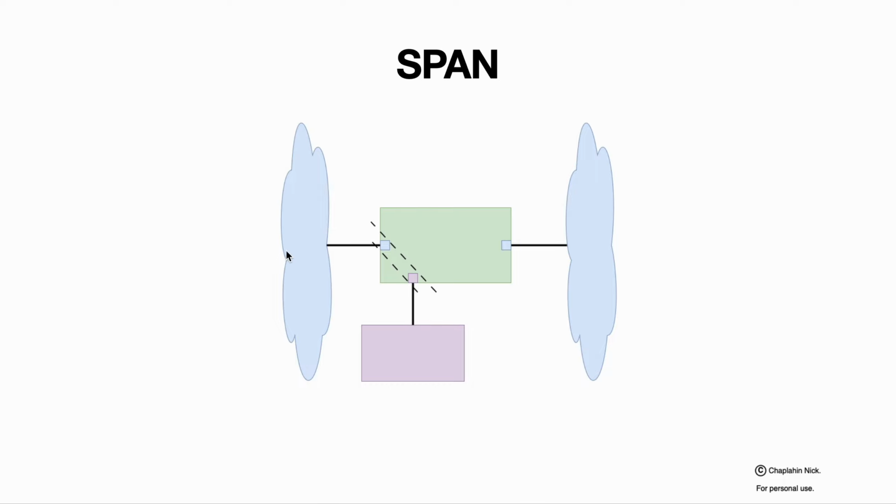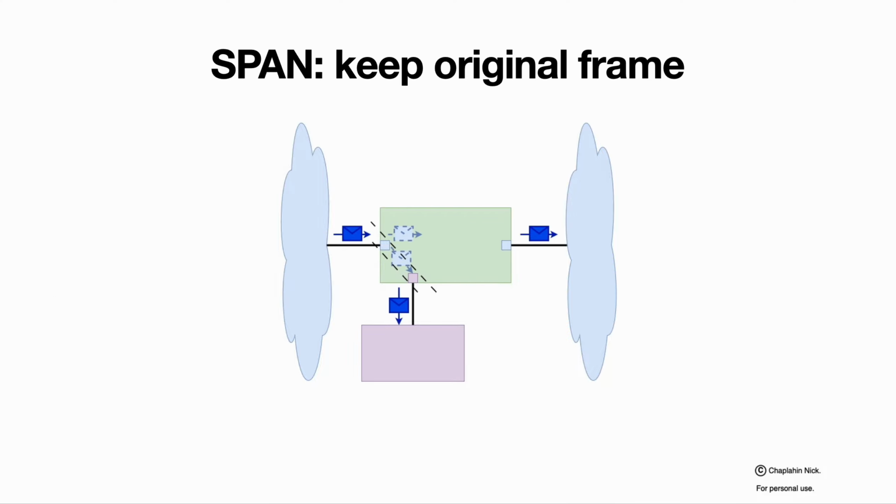Now about mirroring modes. The most simple and most common is SPAN, or port mirroring. It means that we are monitoring a physical port and copying all frames that, depending on the stage, ingress, egress, or both, sending them to the destination port to be sent out. Usually, SPAN works in keep-original-frame mode.